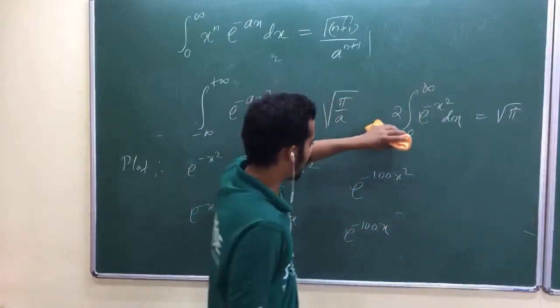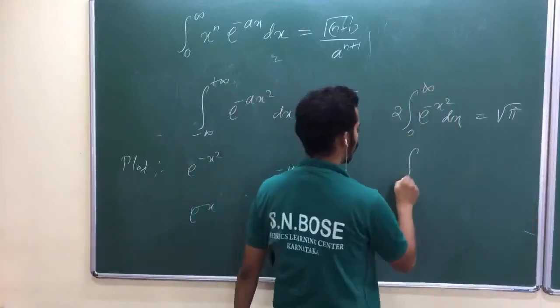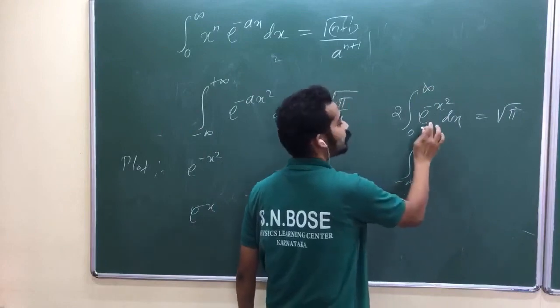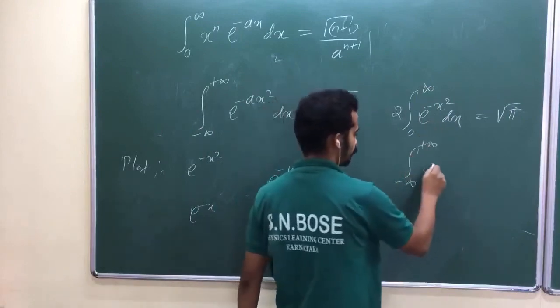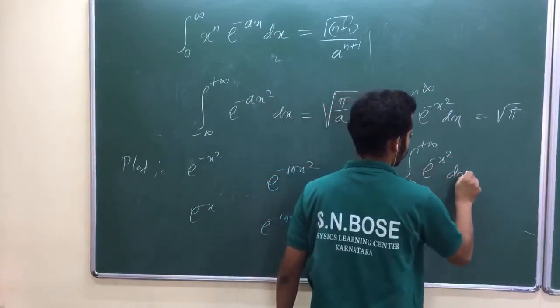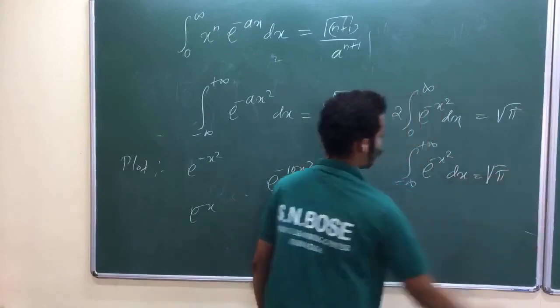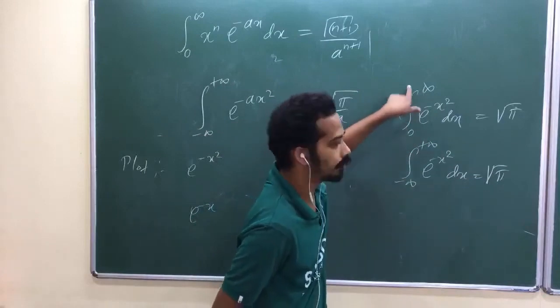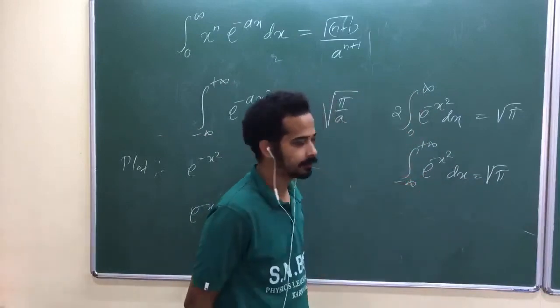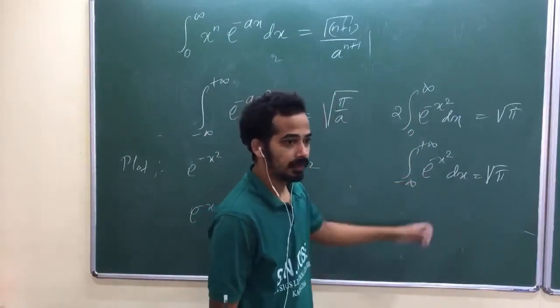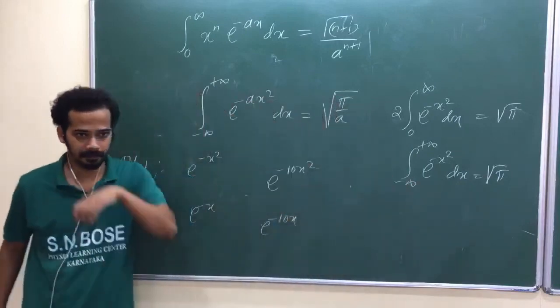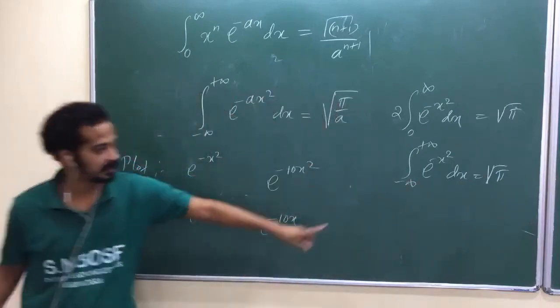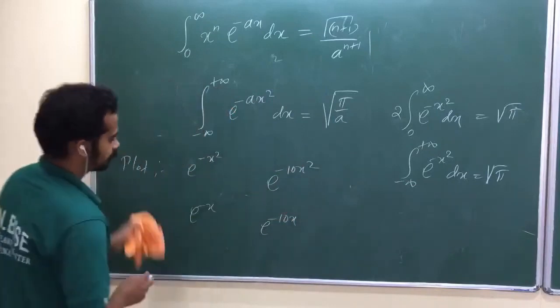Now I am going to absorb this 2 and write it as minus infinity to plus infinity because it's an even function. This can be written as 2 times 0 to infinity because this is an even function. This integral is generalized here.